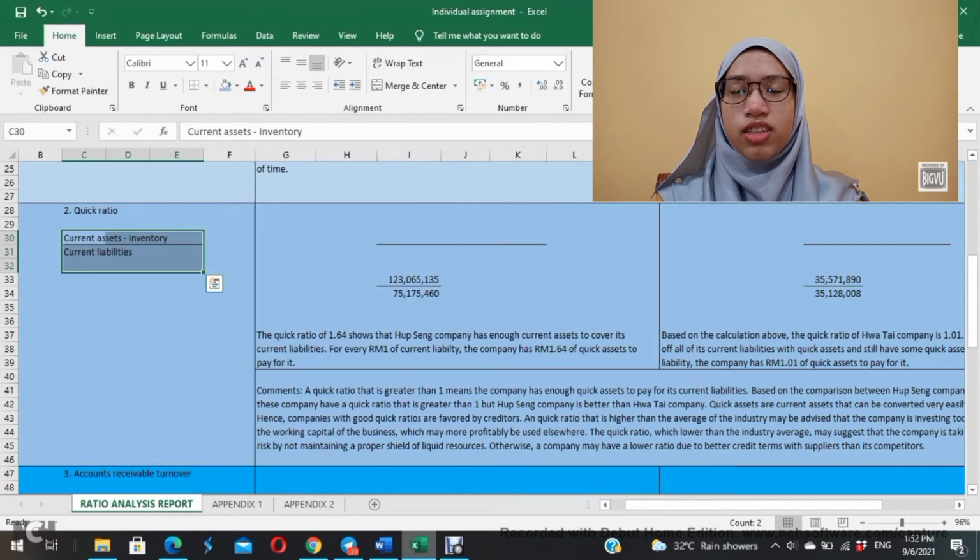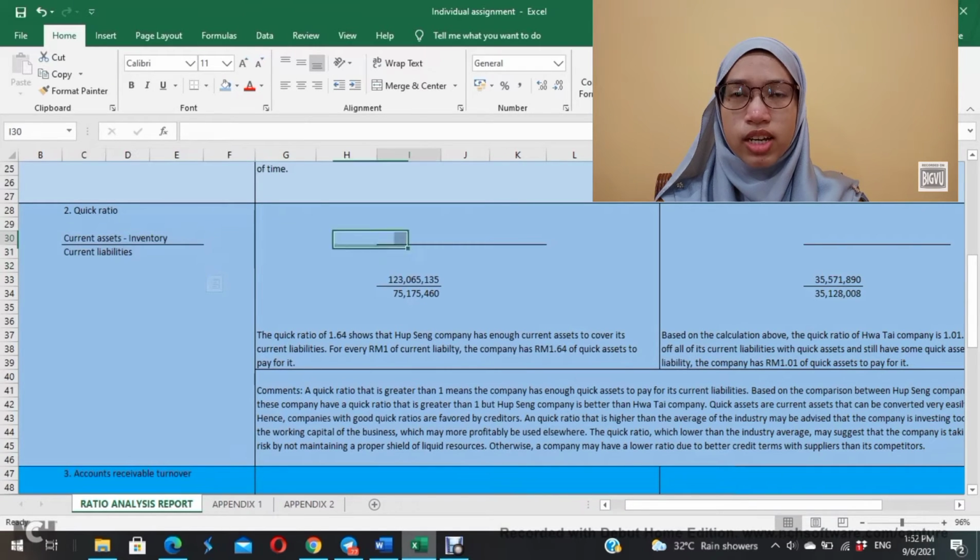The next step is calculating the quick ratio or acid test ratio for both companies. The quick ratio is calculated by current assets minus inventory and dividing them by current liabilities. Such example for Hapseng company, we must fill the formula with the data given.